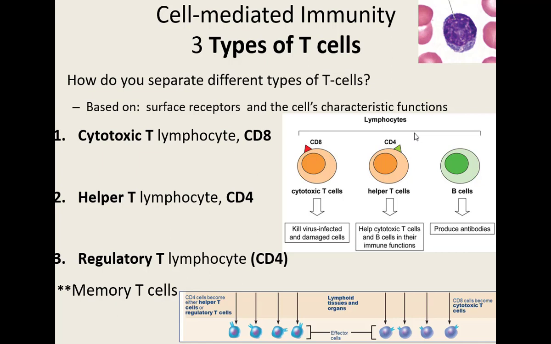Based on the name, cytotoxic T cells create toxins to kill cells. Their whole job is to kill. They are going to see an infected cell because they were presented something foreign, and then they're going to kill that cell. That's their job. They are killing machines.